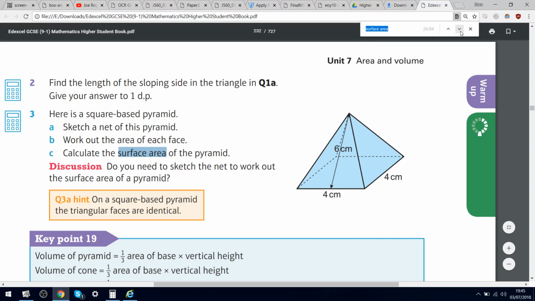Yeah, sorry, I'm just drawing it. So that would be 6 here, 4 here, and 4 here. So the surface area: we know that's 6, and to work out the area of a triangle, we need a right angle triangle, so we just split the triangle into 2 halves.